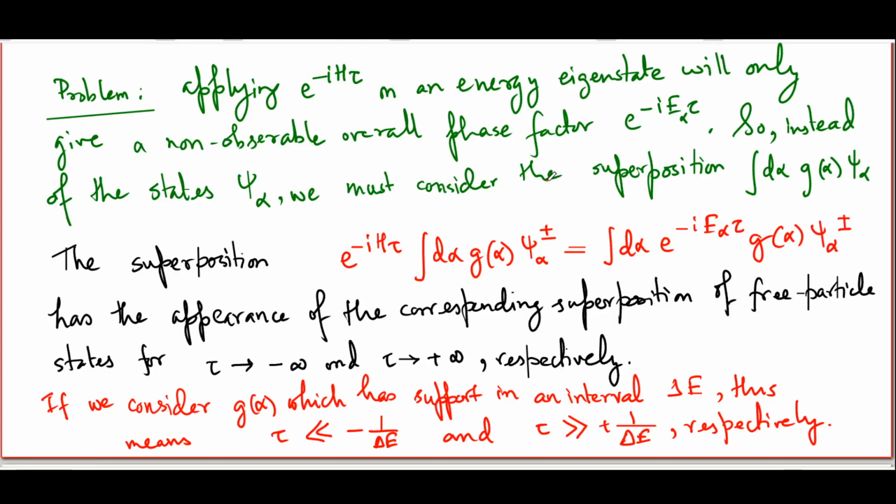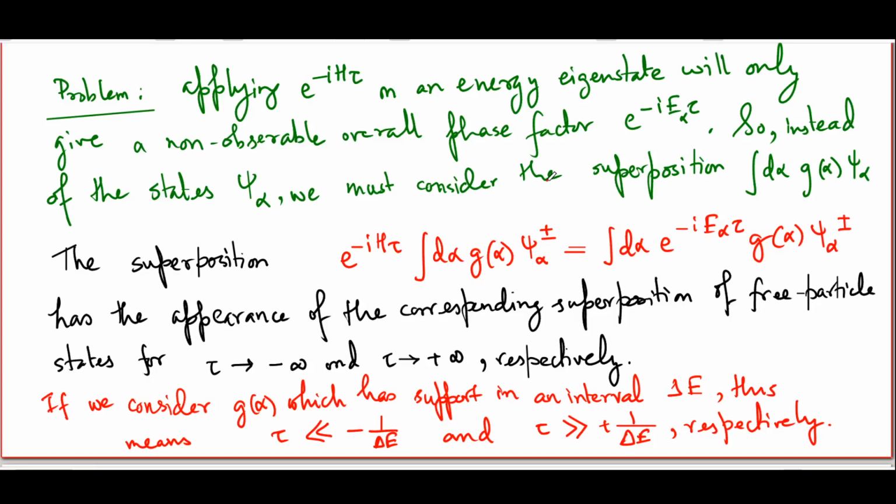Here, I must also mention that although we are saying tau going to minus infinity and plus infinity, all we really need is that tau be much less than minus 1 by delta E, where delta E is the energy spread, or tau be much bigger than 1 by delta E in the two cases.